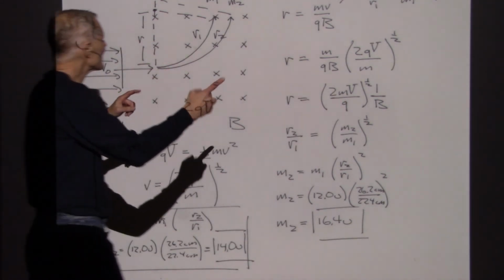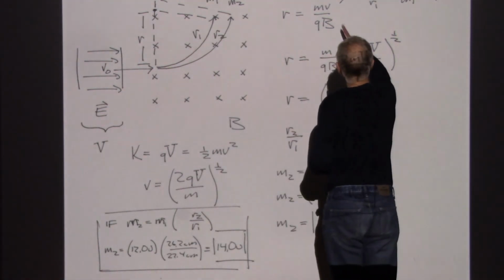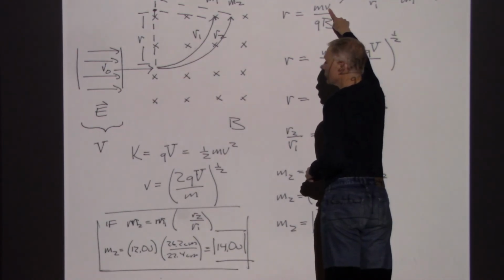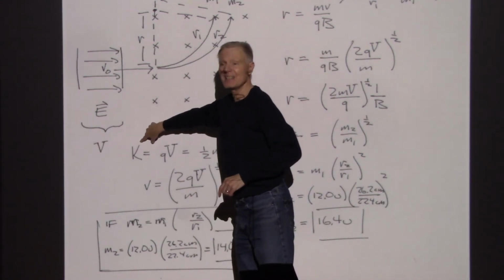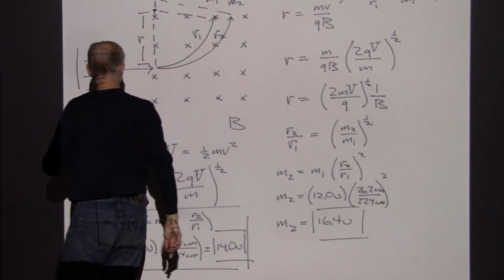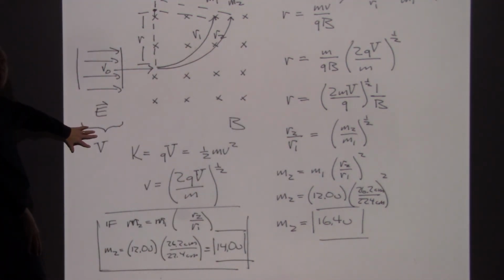Now the other way to solve this is to say we don't use a velocity selector, but all of the particles are going to come out with the same kinetic energy. So the kinetic energy is going to depend on the voltage that was used to accelerate the particles.